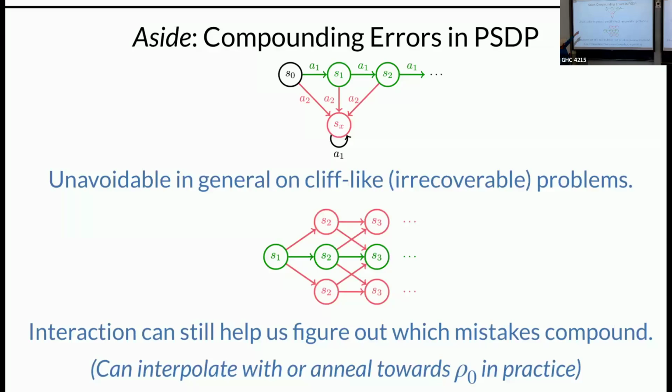So think about the cliff problem, right? Once you take A2, you get stuck at the bottom of the cliff, you're kind of screwed. So you want to try and stay at the top of the cliff for as long as you can. The thing that's tricky is that let's say you have a policy here that makes a mistake, kind of falls off the cliff, but then I reset you to a state where you're on the top of the thing.